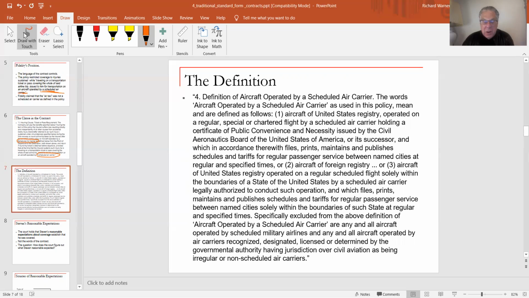That's the worry. The regular published schedules are the worry for the air taxi, right, which is a charter. So it flies when people hire it. Or aircraft, and so they go on and on, right?